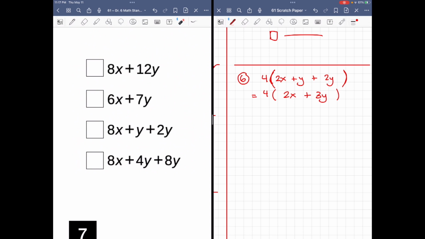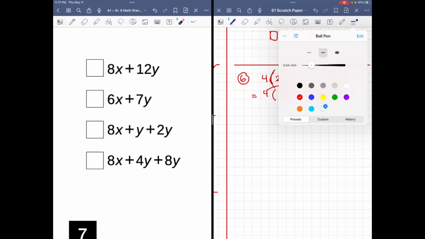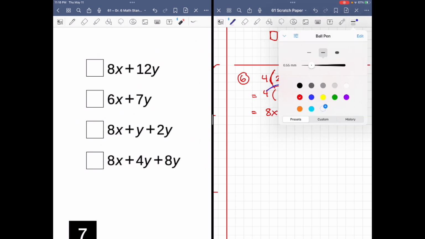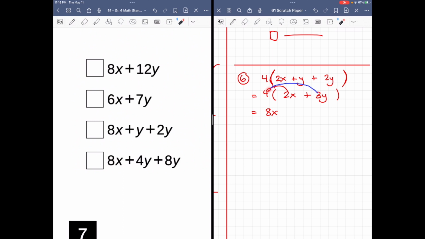And now let's multiply this. So I'll do my red step first. We'll do 4 times 2x. And then my blue step, I'll do 4 times 3y. Here we go. Red step is first. So 4 times 2x equals 8x. Write it down. Now for my blue step, we have 4 times 3y gives you 12y.